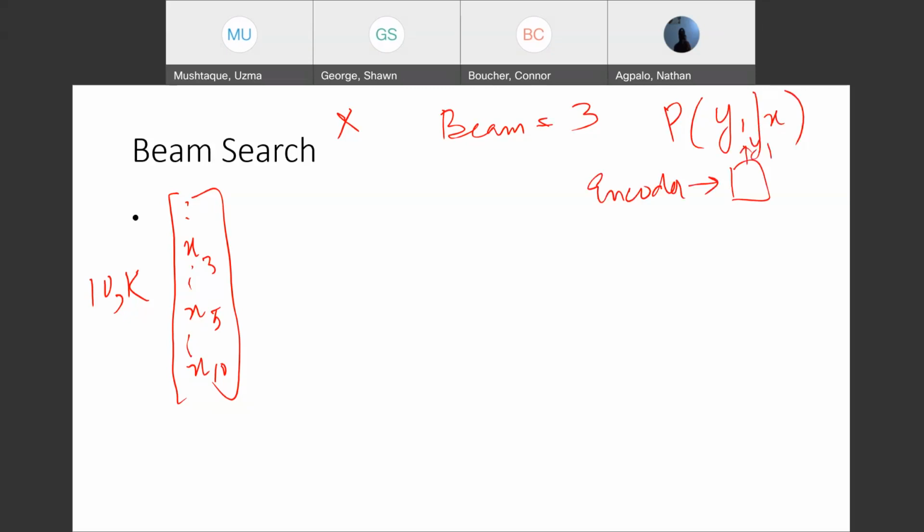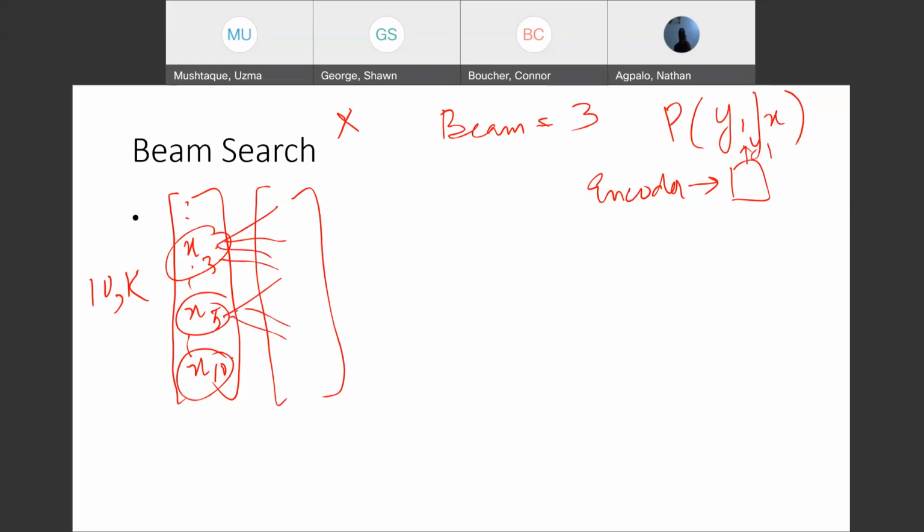And so instead of just having one choice, the most probable choice, I'll have 3 of them. Let's say I picked these 3. Then for each of these 3 choices, I'll again go into my English vocabulary. Given this X3, or whatever my choice of word was, I'm going to solve the problem of what is going to be the most probable word. And again, for this one, what is going to be the most probable word given X5 or given X10.